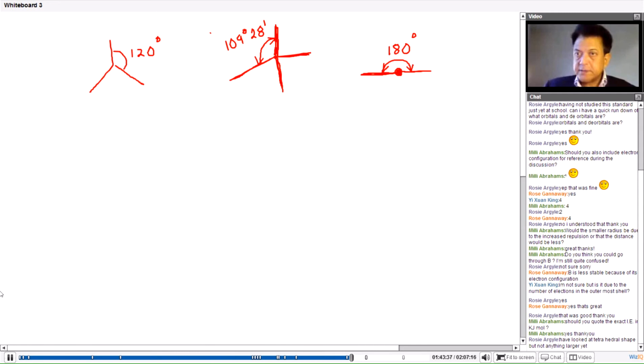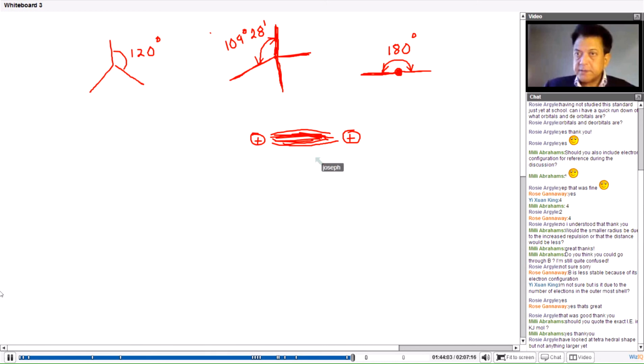If you have a nucleus that has a positive charge here and a nucleus there, a bonding electron pair will spend a lot of its time in that region between the 2 positively charged nuclei because it's being pulled by both of these positively charged nuclei. So a bonding electron pair is held tightly.